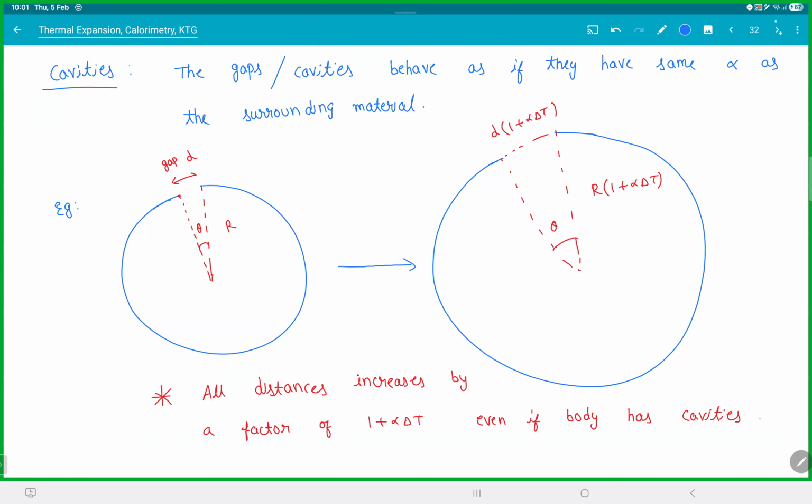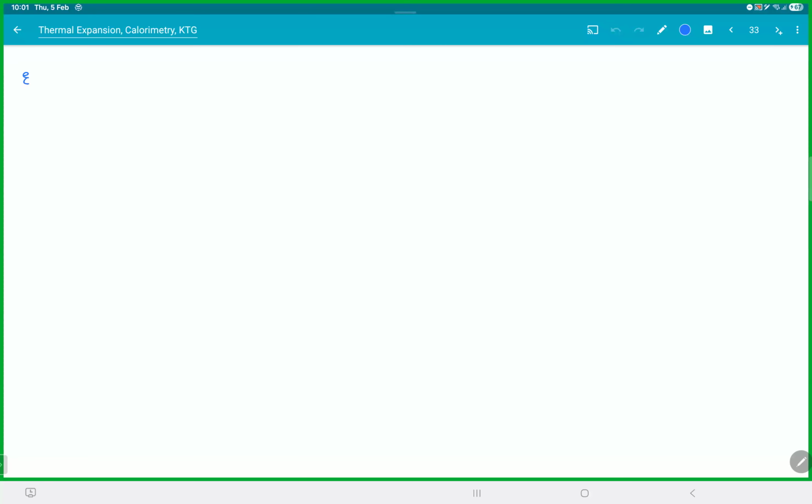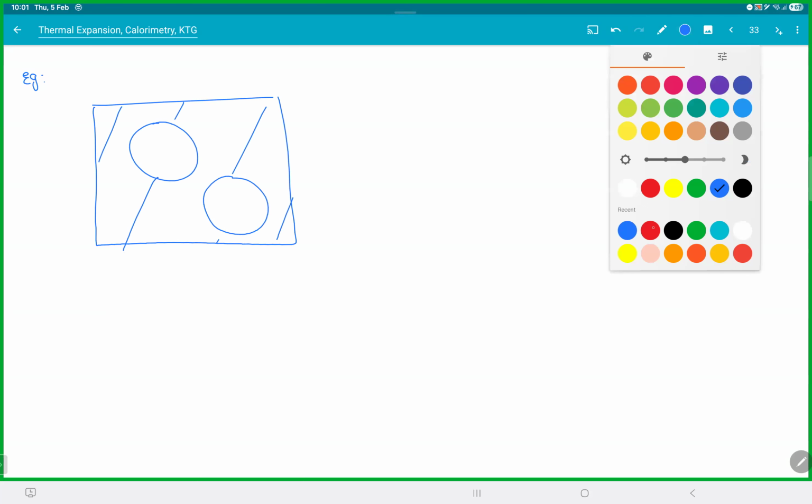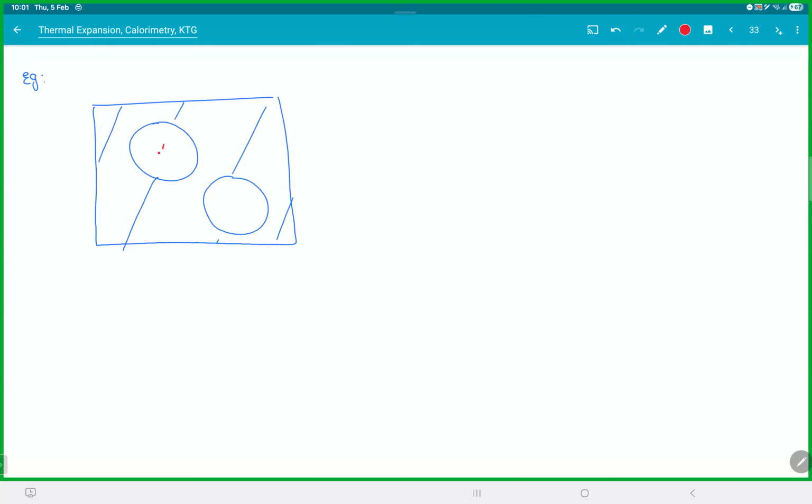So this was the question in the exam. They said we have a rectangular sheet, and on the rectangular sheet there were two cavities. And they said there are points here, A, B, C, and the question was this.